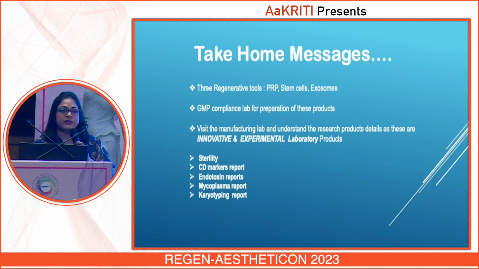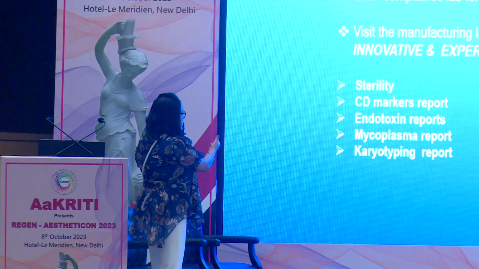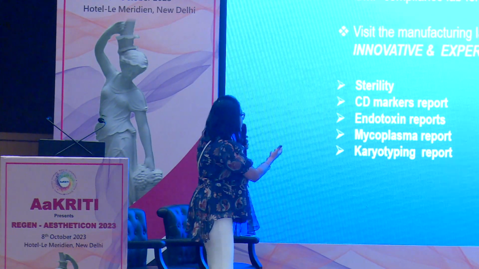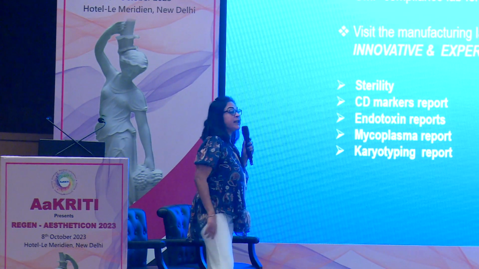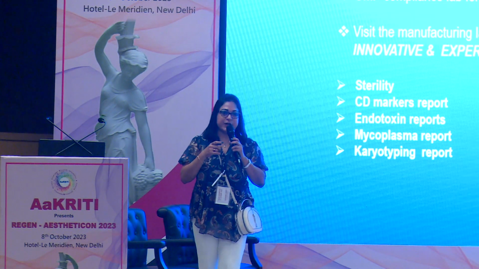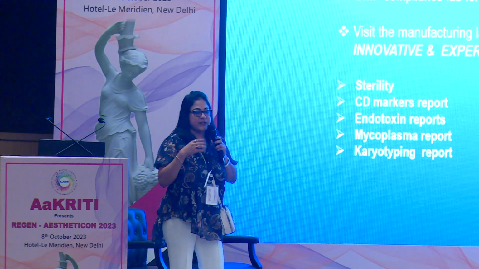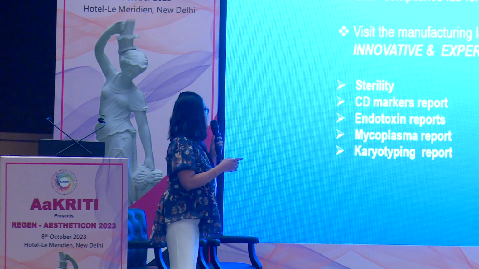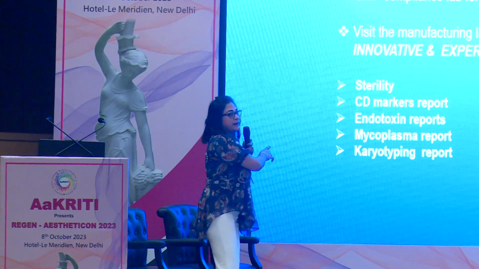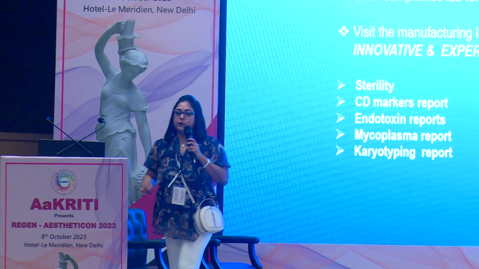So just the take-home message: you have to look for those reports that I showed before you use them, if you go for quality. These are very important: sterility, CD marking, endotoxin, mycoplasma, and karyotyping, because we do culturing outside the body. There is telomerase shortening, so this stability must be there. So it is very important before use.